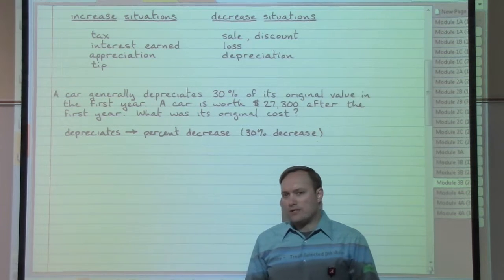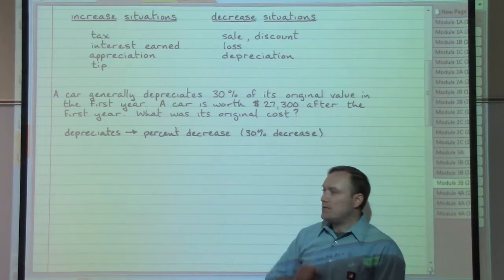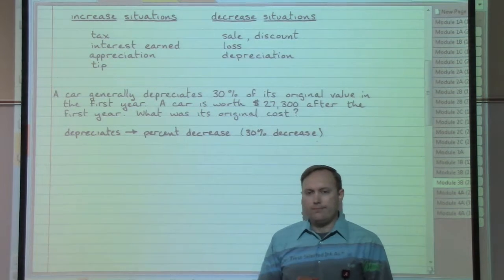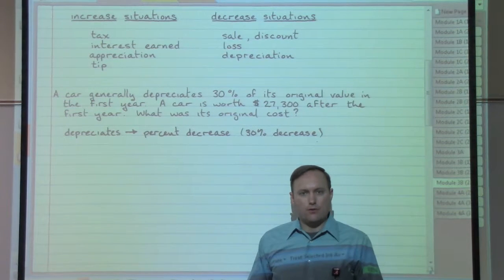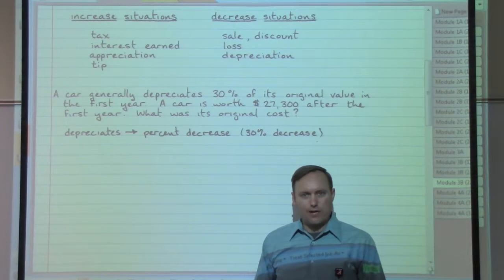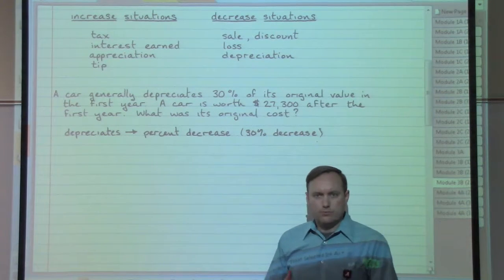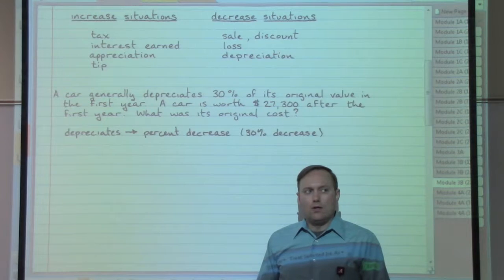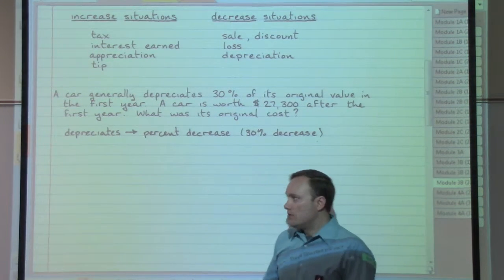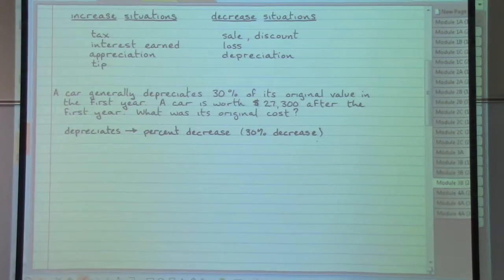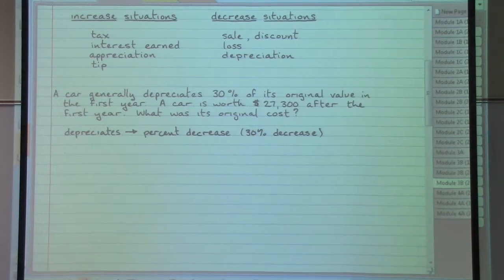But there's another possibility, and that would be not the 30% that we're going down, but what happens after the 30% decrease takes place. So, to put it more directly, not the decrease, but what's left over. So let's just make a quick note of that, just in case we need to worry about that aspect.